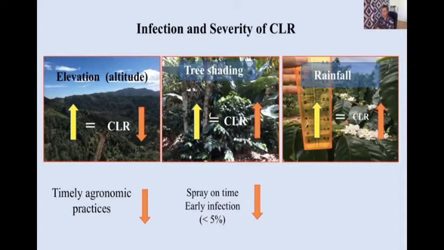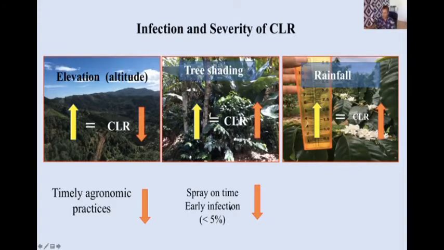If the plant is healthy, the plant has not too much stress. That means this plant is going to withstand infection and severity better than a coffee plantation where the farmer is doing very little or poor practice.